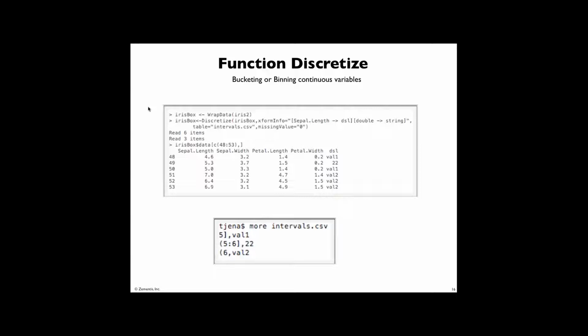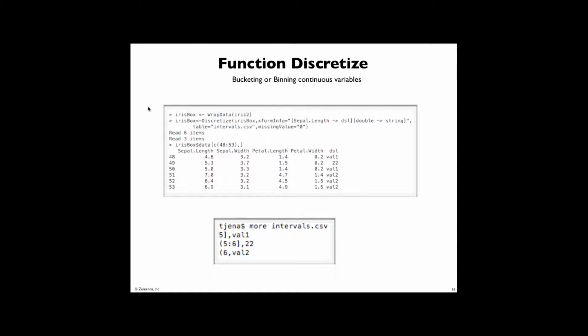So you go from sepal.length to DSL, and bucketing can be a bunch of possible data types. So we have to tell the function the data types. So here we're saying we want to go from double to string. So sepal.length is a double variable, and DSL we want to be a string.